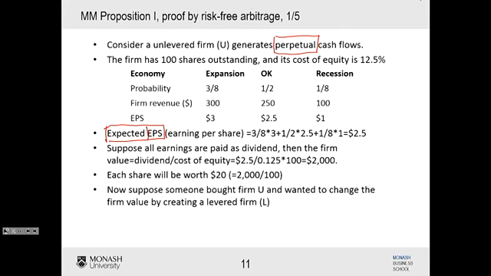So the firm value equals the dividend divided by the cost of capital. That's per share, and then we multiply by 100 shares: $2.5 divided by 0.125, the cost of capital, times 100 shares outstanding. Therefore, the firm value is equal to $2,000, and each share is equal to $20.